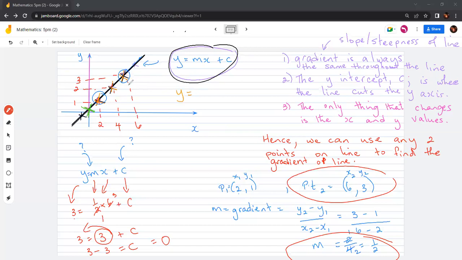However, your gradient is the same throughout. So we could substitute your m with a half. X changes, so x will remain a variable, plus 0. But anything plus 0, I could just leave that as y is equal to half x. And that is my equation of this line.